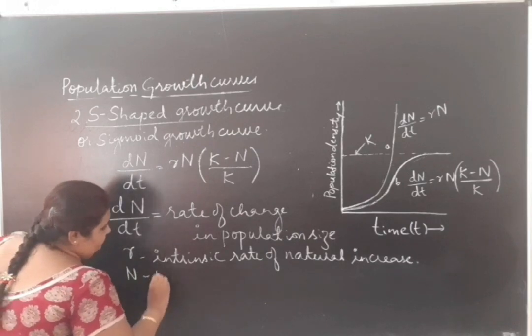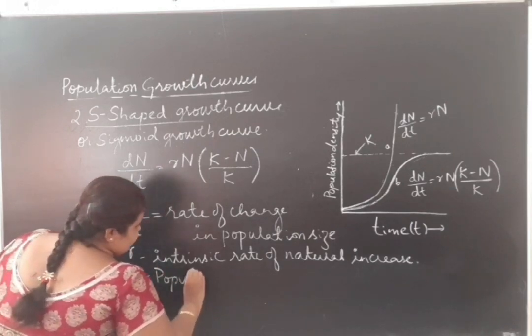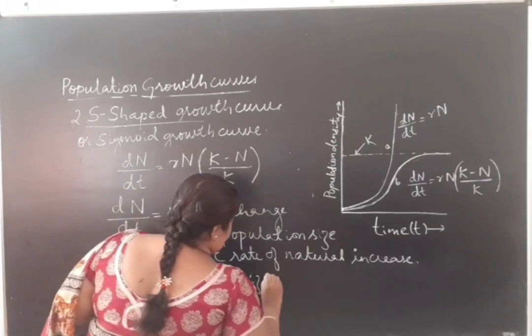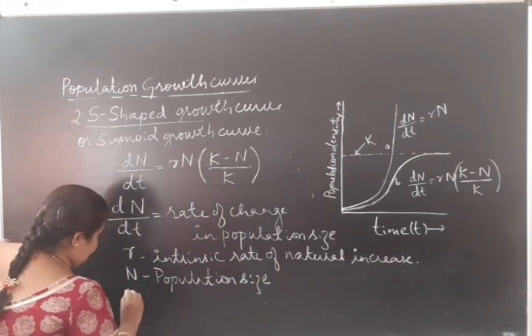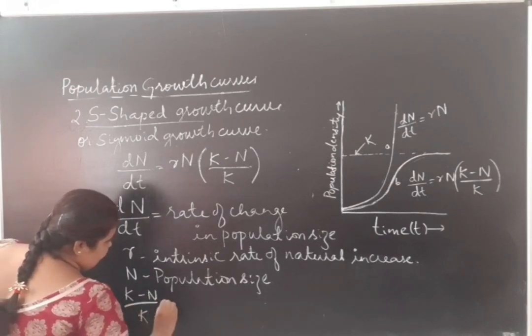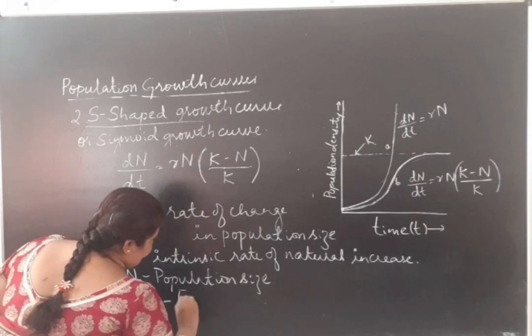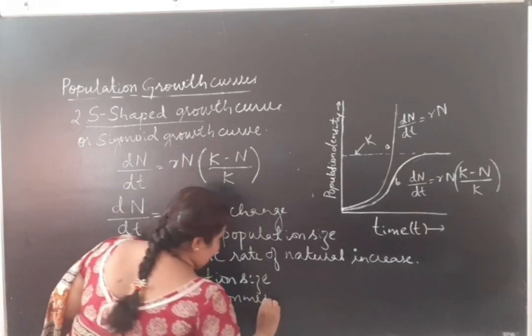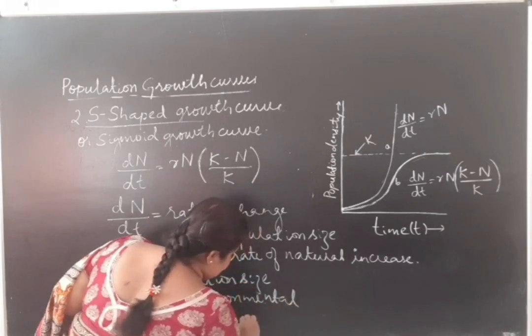N is the population size. (K minus N) by K represents environmental resistance.